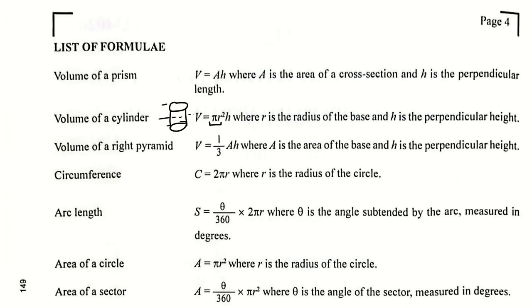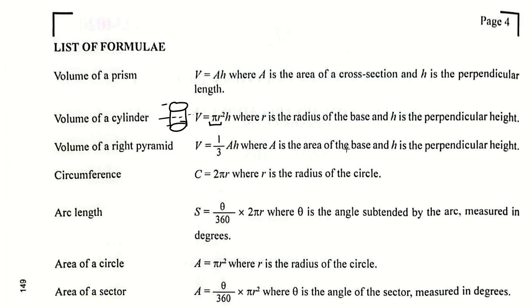There are some exceptions like the pyramid and such, but you'll see the formula sheet gives you the majority of it: prism, cylinder, pyramid. For your pyramid, there are different types, and the bases are usually different.